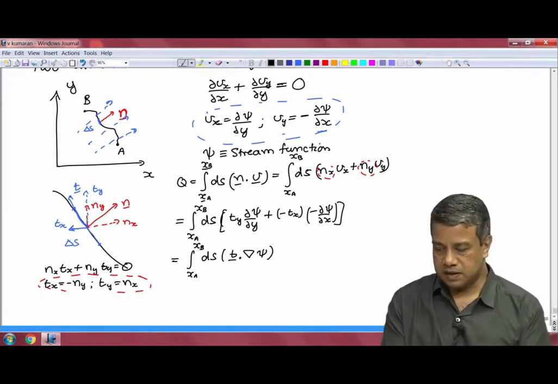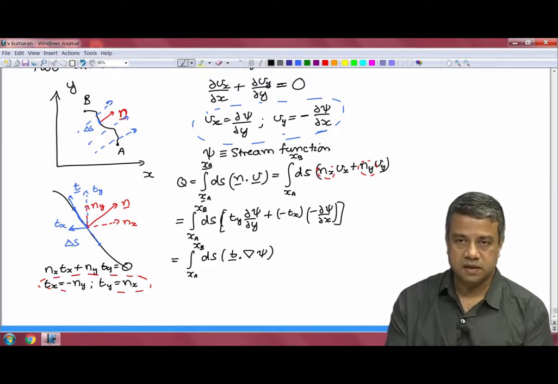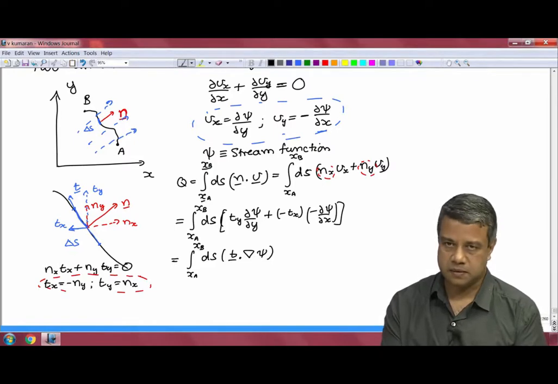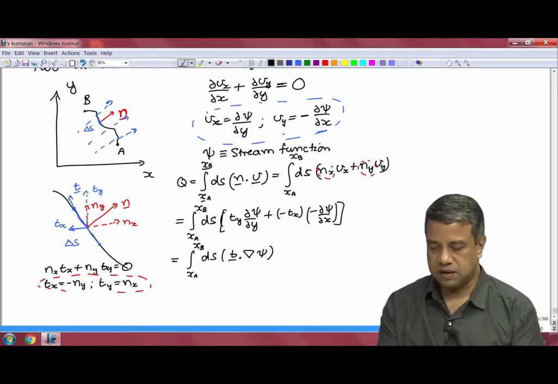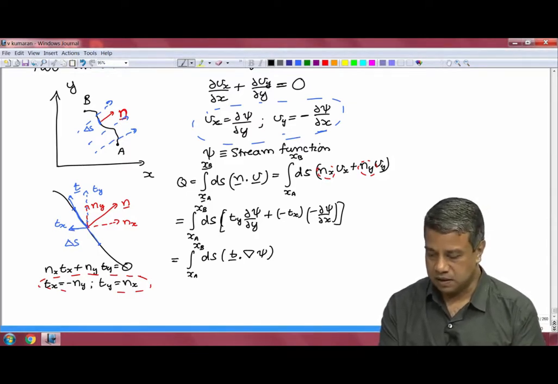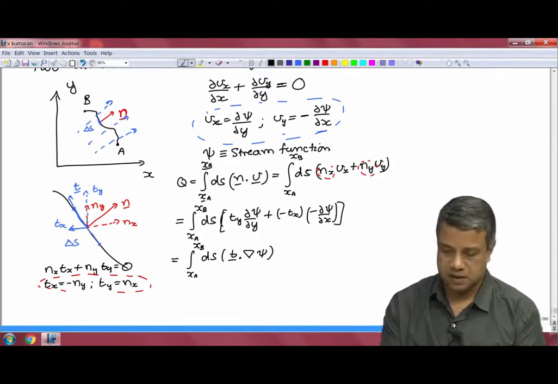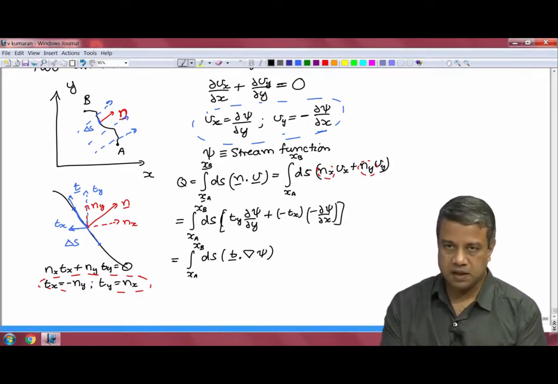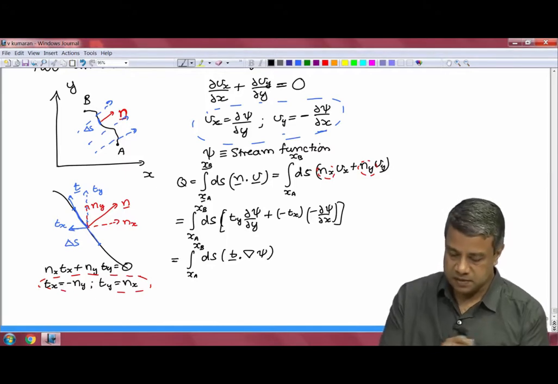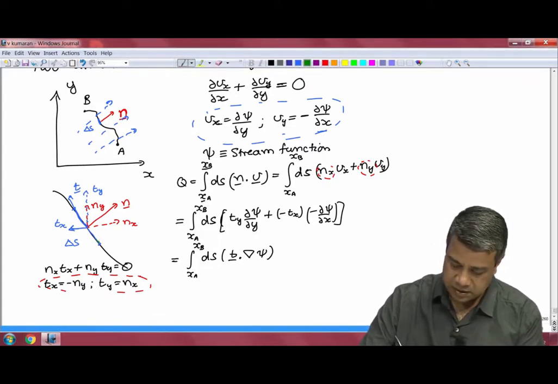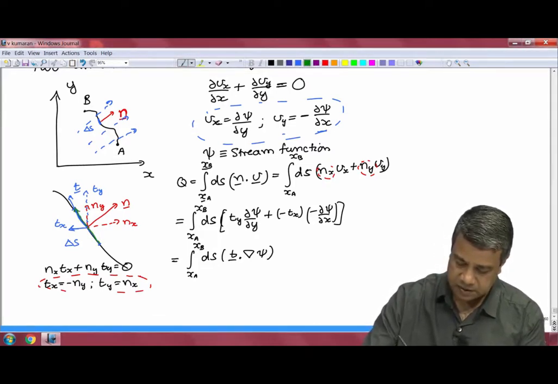Grad psi in this two dimensional system is Ex partial psi by partial x plus Ey partial psi by partial y, and t is tx Ex plus ty Ey. So, if you dot the two, you will get tx into partial psi by partial x plus ty into partial psi by partial y. This t times ds is the vector displacement along this contour.